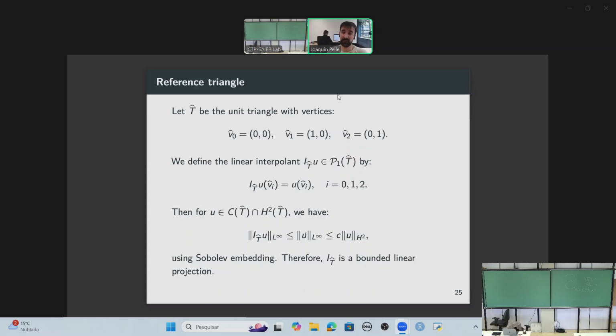This is because, being a linear polynomial, it must attain its extreme values at the vertices of the triangle, and the vertices of the triangle are exactly the places where it coincides with the function. So the norm of this function could never be larger than the norm of the function itself, right?